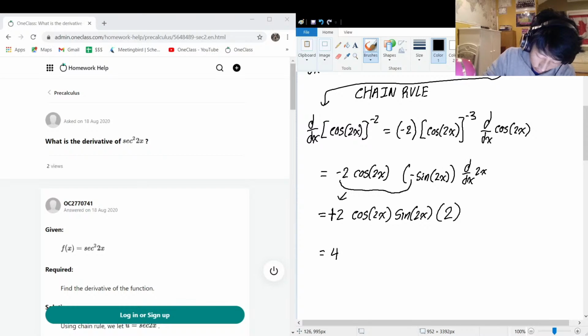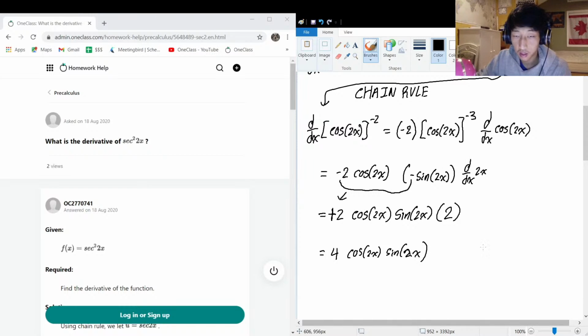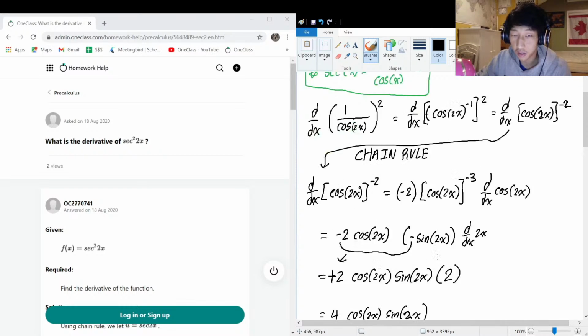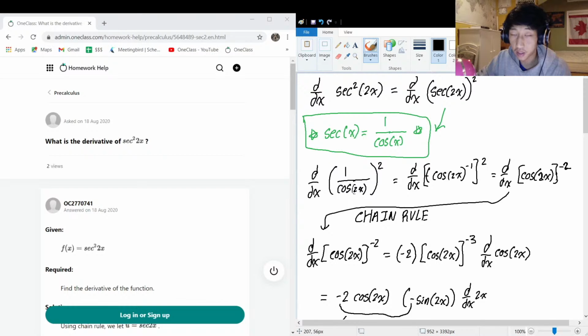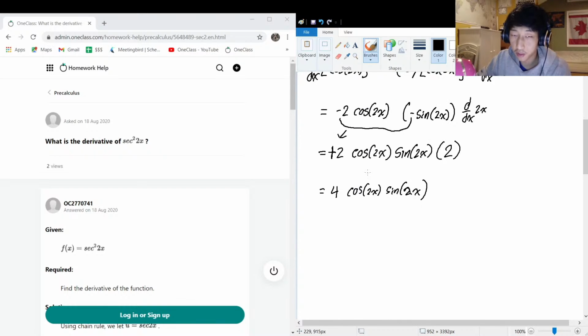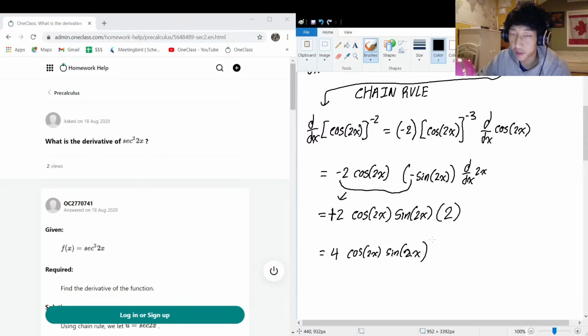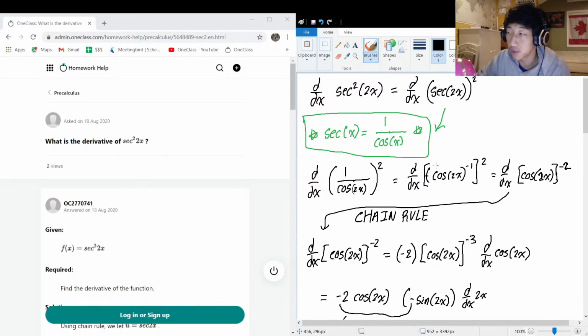So this is just 4 cos 2x sine 2x, and that would be our final answer. Okay, so this is the derivative of secant squared 2x. It is 4 cos 2x sine 2x, and we've shown the process here with the chain rule, but twice.